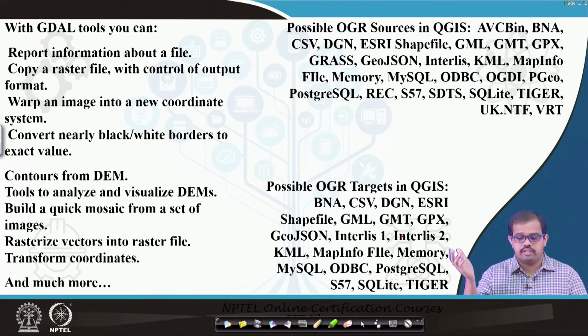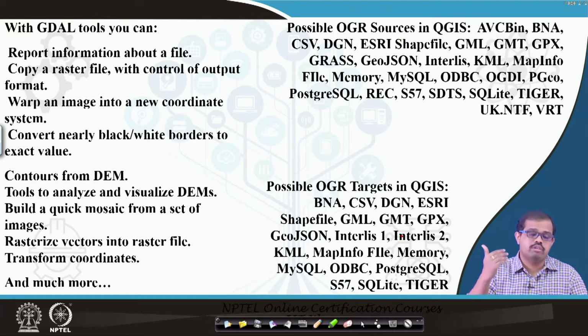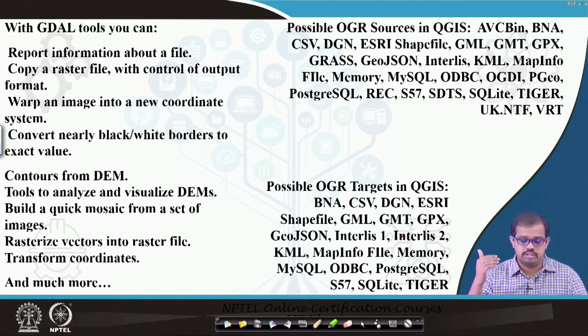Then you have GMT, GPX, GRASS has its own thing through OGR sources in QGIS, then MySQL, SDTS, SQLite, NTF, Tiger. So, all of these can be handled very effectively through OGR in QGIS.